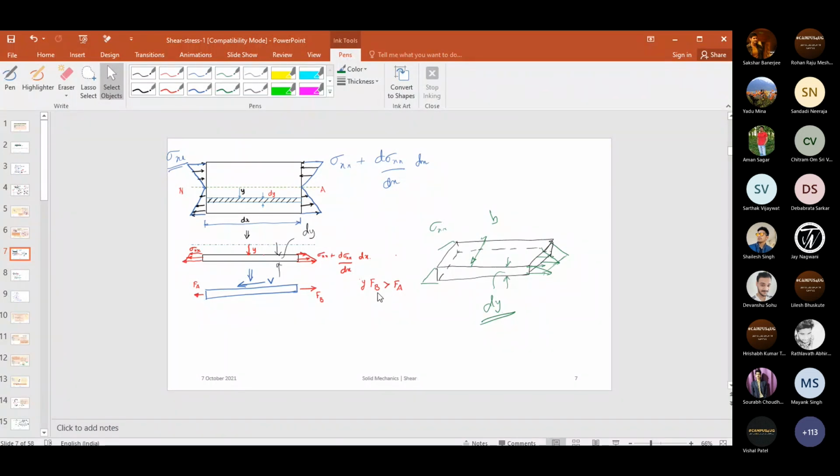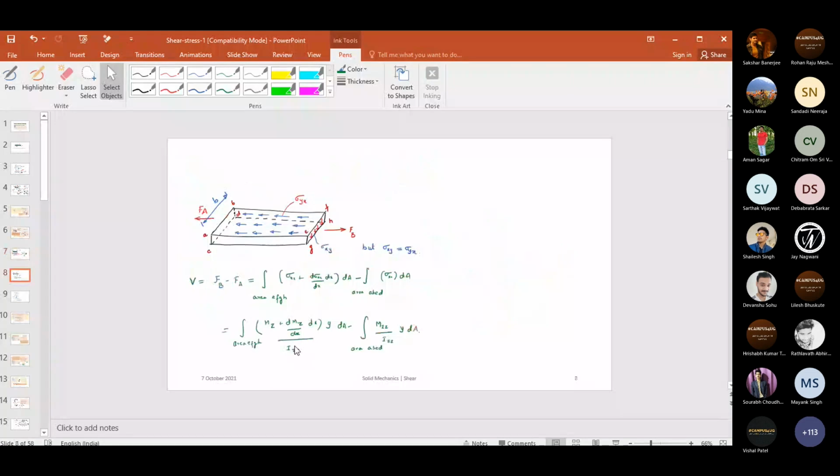We know that FB is greater than FA. So for equilibrium there should be some horizontal force. If you divide that horizontal force by area, you will get stress. That stress you call shear stress.